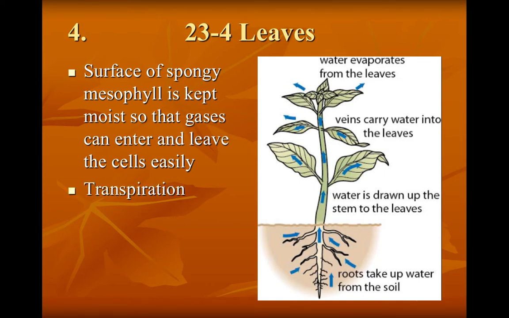And so what ends up happening with spongy mesophyll is because they are always kept wet, there's the risk that the plant can lose a lot of moisture through the spongy mesophyll. And so there's this process called transpiration that's very common that can happen. Transpiration is a loss of water that a plant undergoes through its leaves.